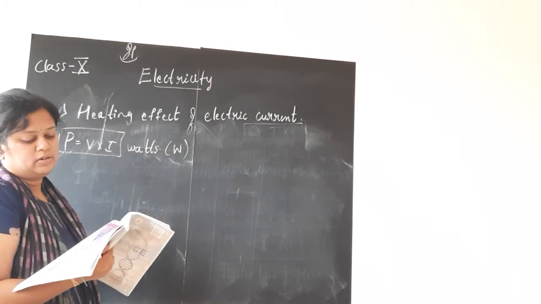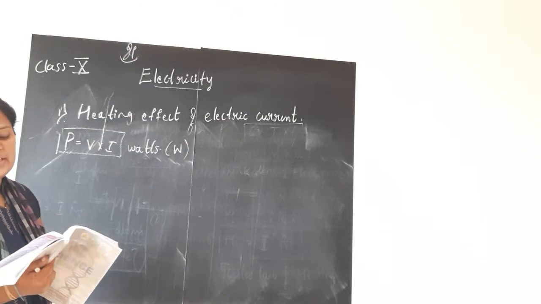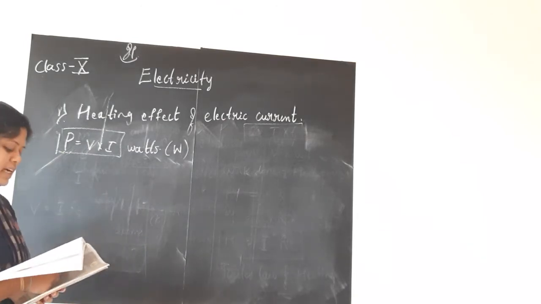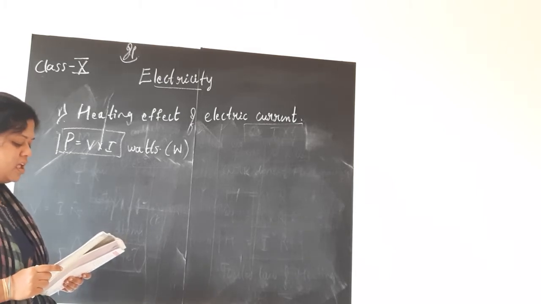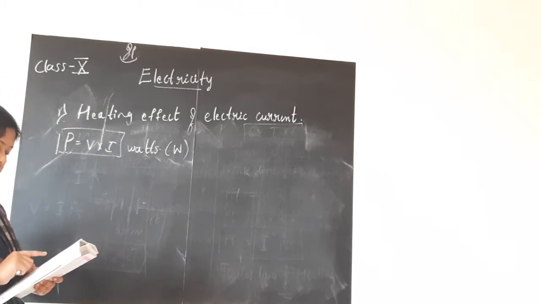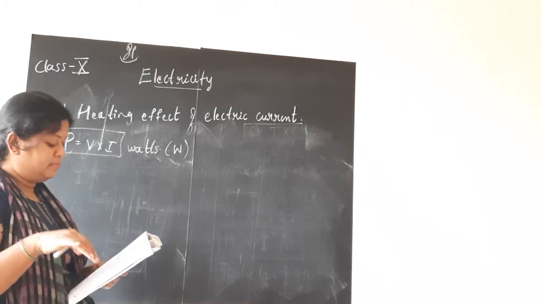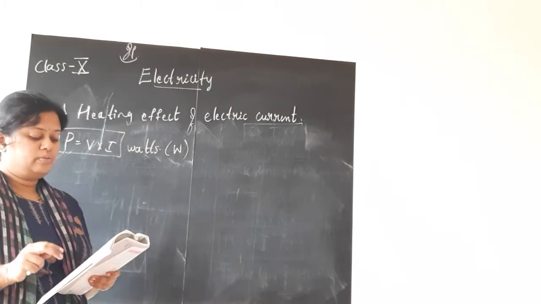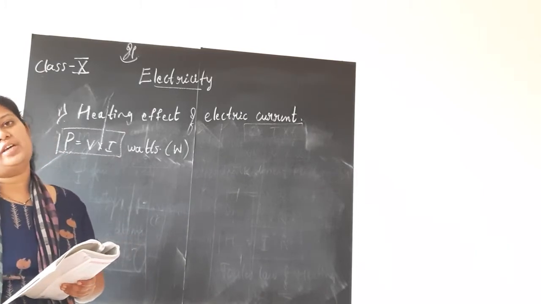So now let us go back to the problem. An electric iron consumes energy at the rate of 840 watts when heating is at the maximum rate and 360 watts when the heating is at minimum. The voltage is 220 volts. What are the current and the resistance in each case?